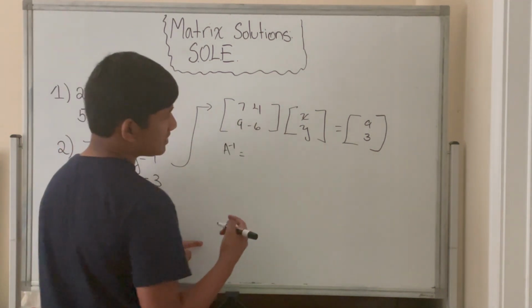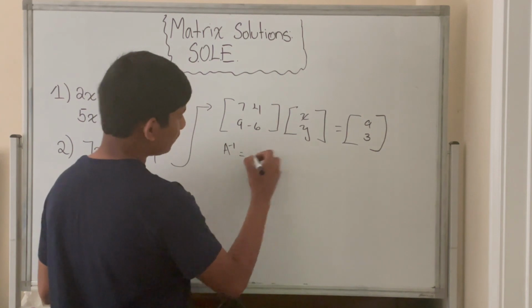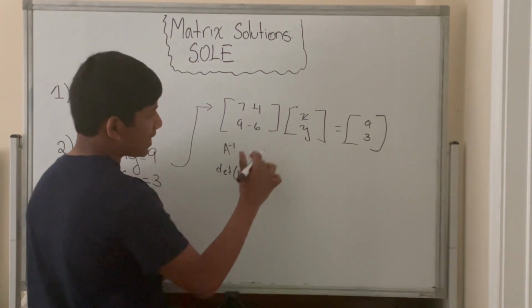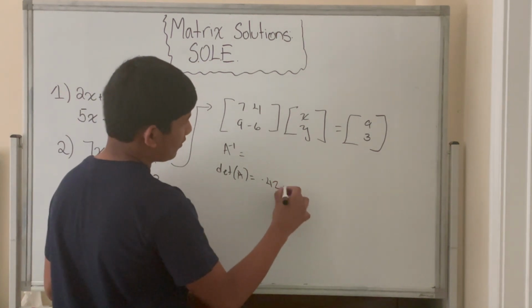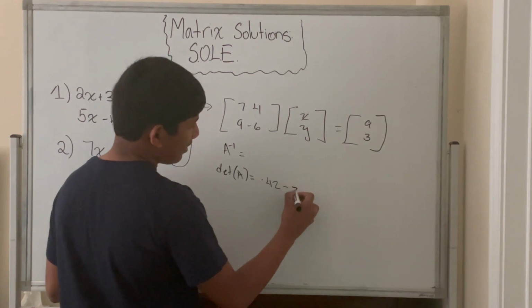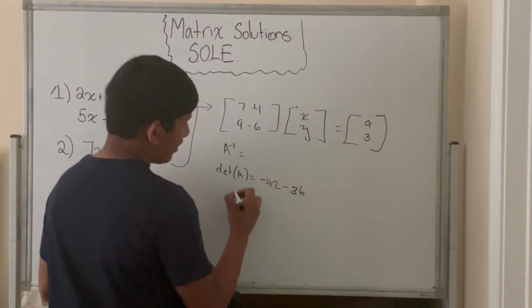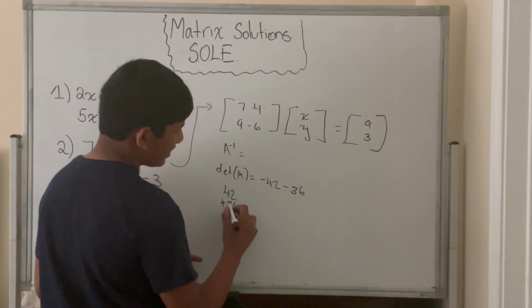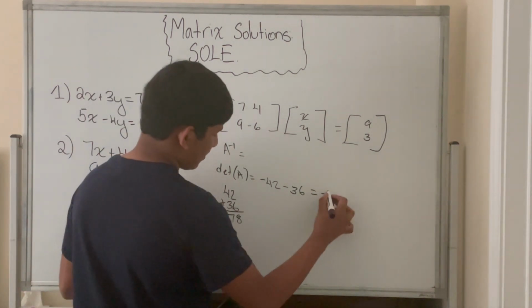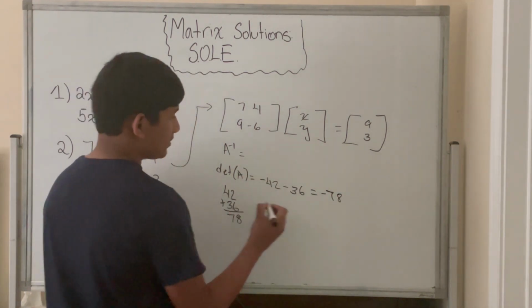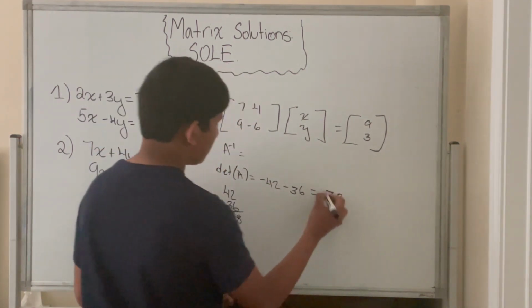Determinant of A is just going to equal 7 times negative 6 is negative 42, minus 4 times 9 is negative 36. Well, 4 times 9 is positive 36, but we have to subtract. So 42 plus 36 is this, 2 plus 6 is 8, 4 plus 3 is 7, so this is negative 78. So determinant of A is going to be negative 78.